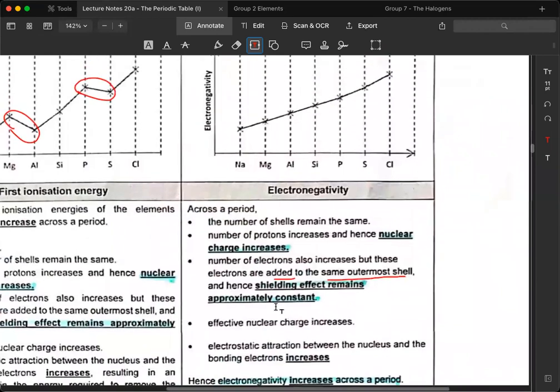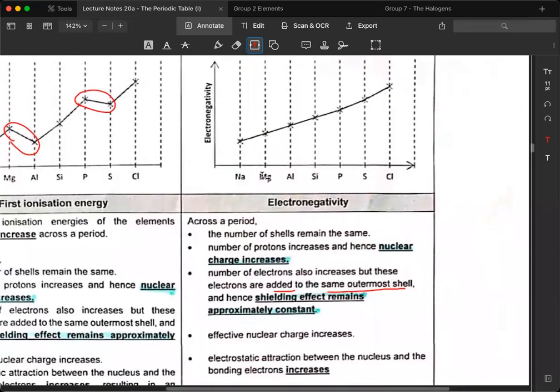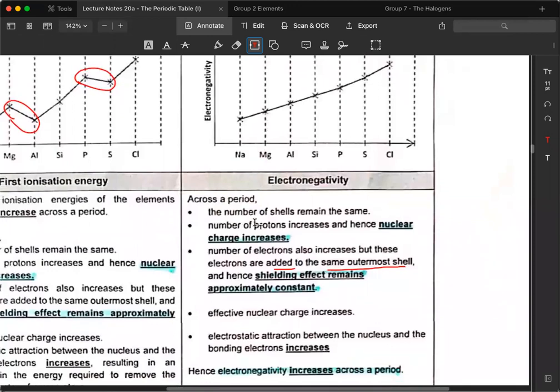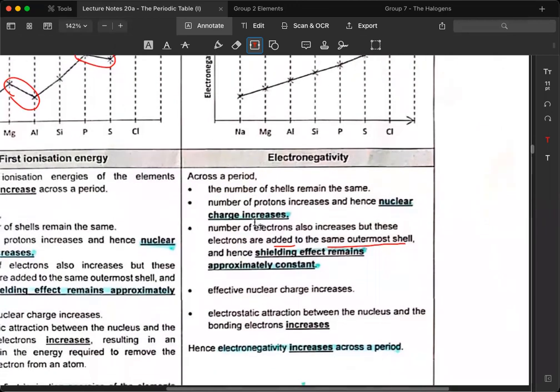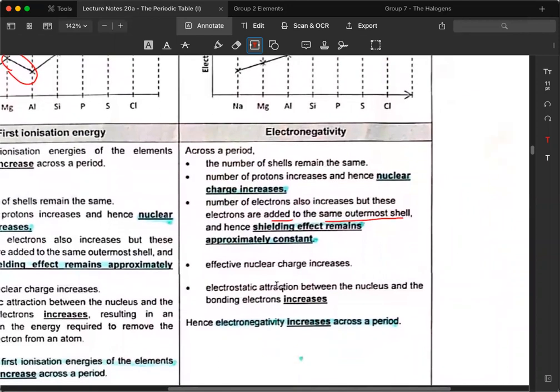As for electronegativity, the number of shells remains the same across the period. So we have an increased number of protons, and hence nuclear charge increases. The number of electrons will increase, but these electrons are added to the same outermost shell, which causes the shielding effect to remain almost constant. Effective nuclear charge increases across the period, as already discussed earlier.